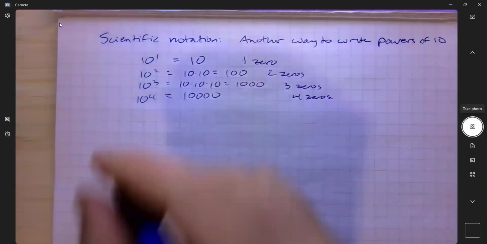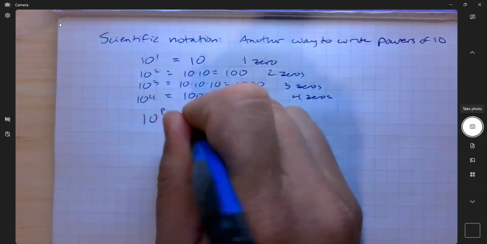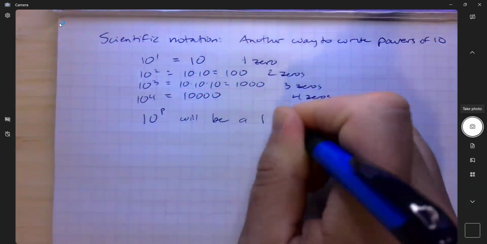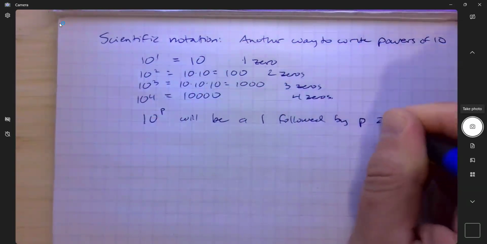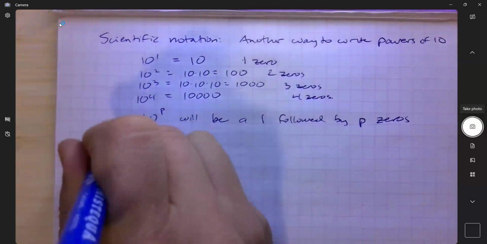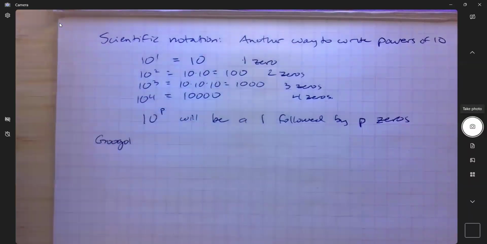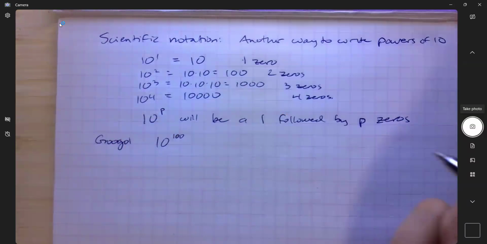All right, so 10 to any power, call it P for power, will be a 1 followed by that many zeros. By the way, at Google, the number, which is spelled a little different than the search engine, is 10 to the power 100.